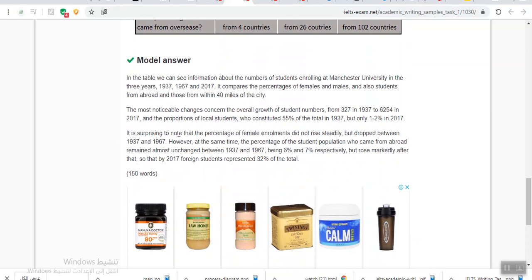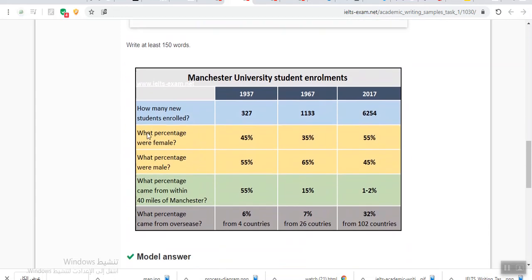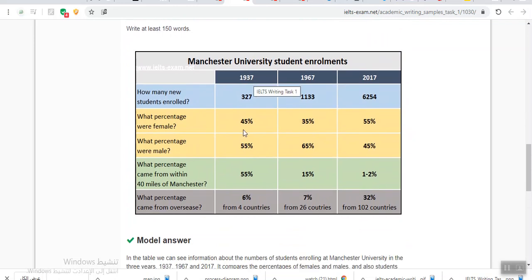Also, it is surprising to note that the percentage of female enrollments did not rise steadily, but dropped between 1937 and 1967. As you can see here, what percentage were female? 1937, 45%, and 1967, 35%. So that means it decreased until we get to this year.